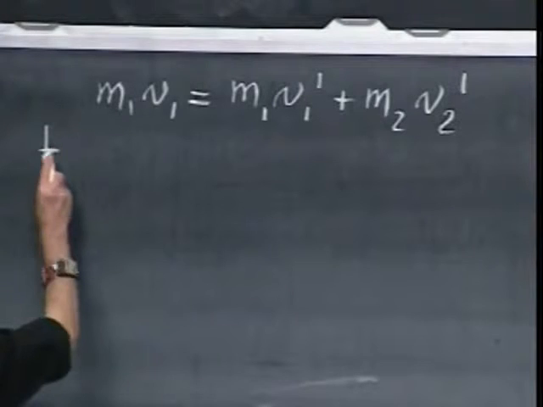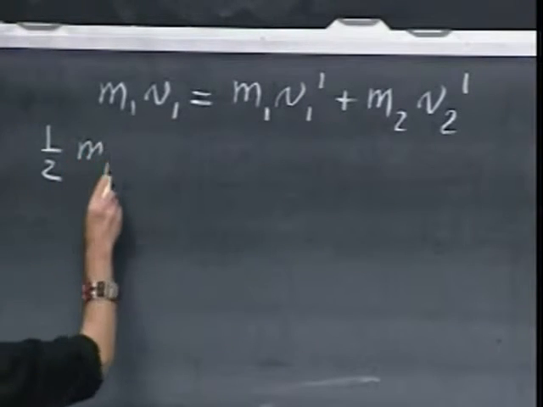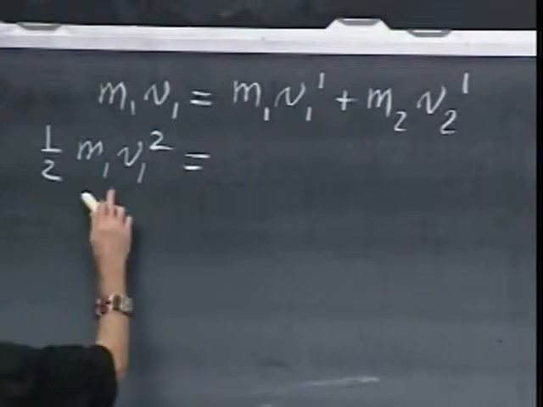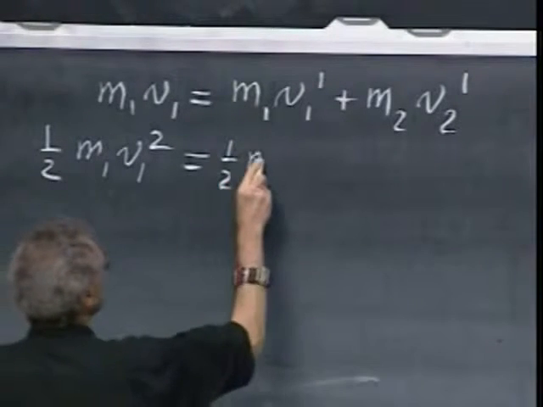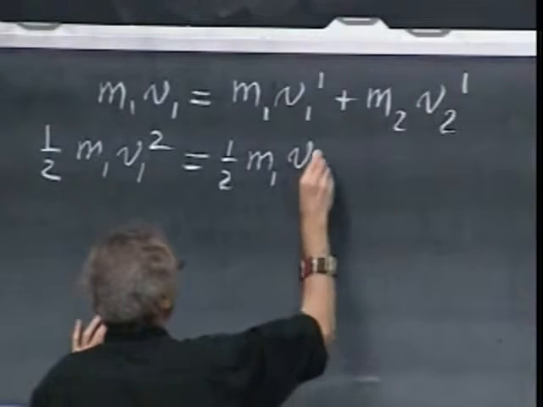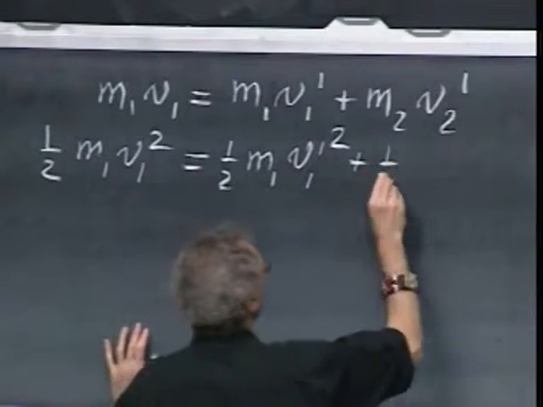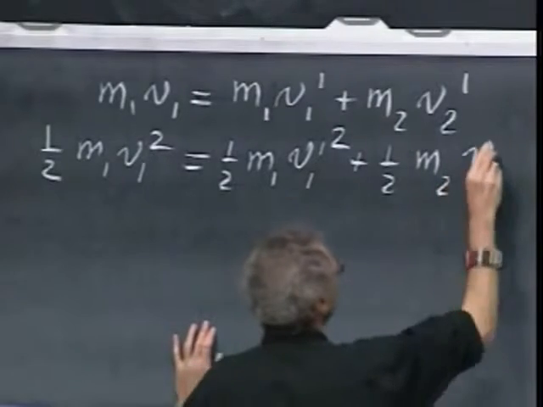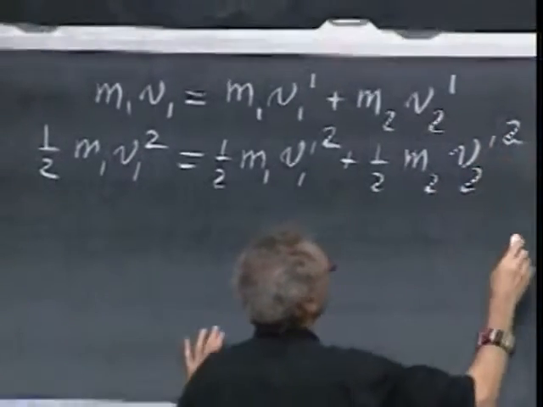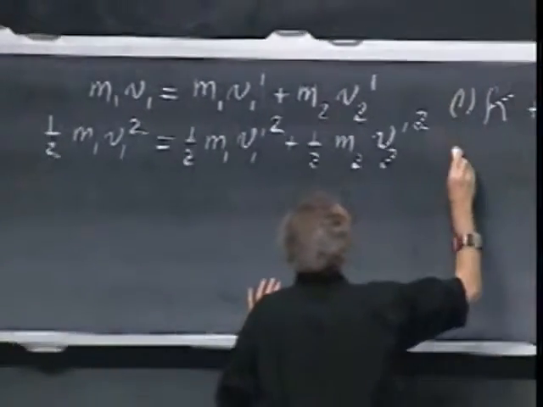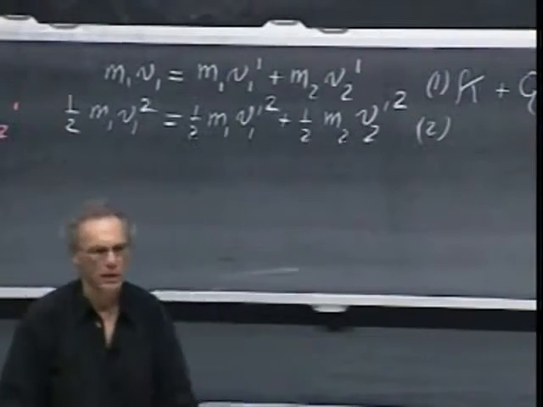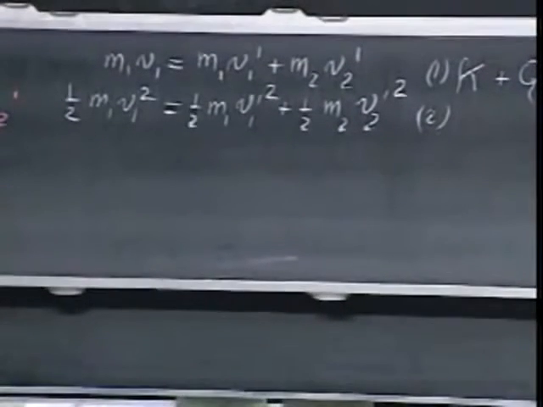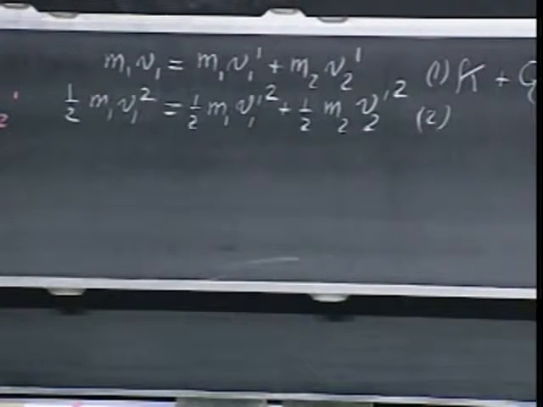And so I can write down now 1/2 m1 v1 squared, that was the kinetic energy before the collision, must be the kinetic energy after the collision: 1/2 m1 v1 prime squared plus 1/2 m2 v2 prime squared. This is my equation number 1, and this is my equation number 2, and they can be solved. They're solved in your book. I will simply give you the results, because the results are very interesting to play with. That's what we will be doing today.